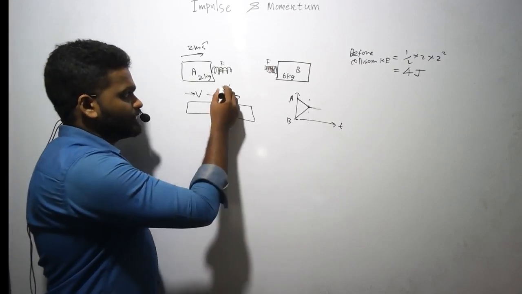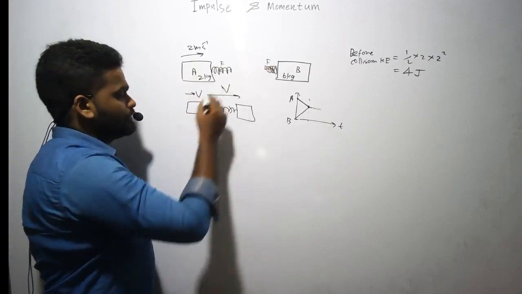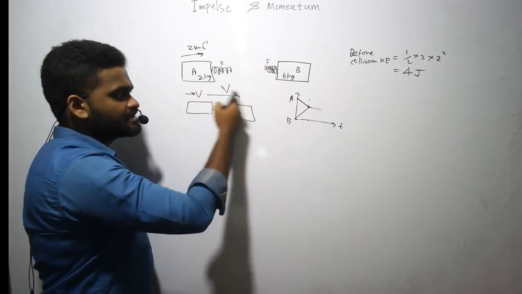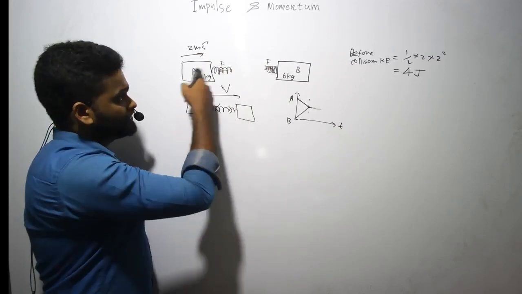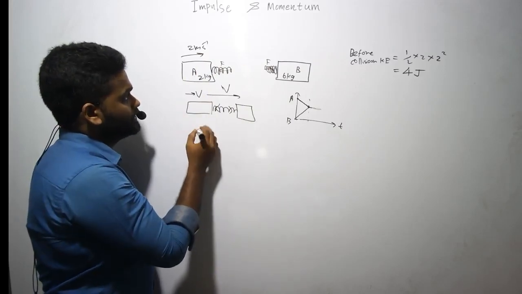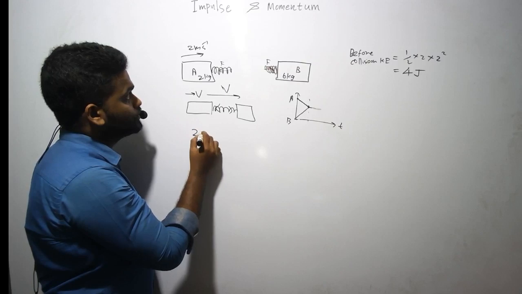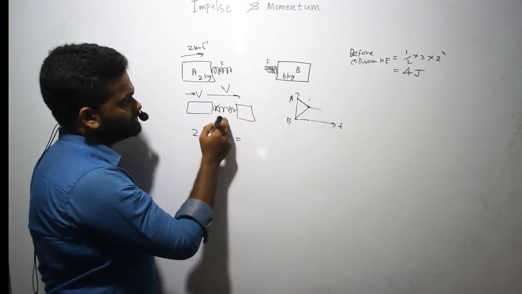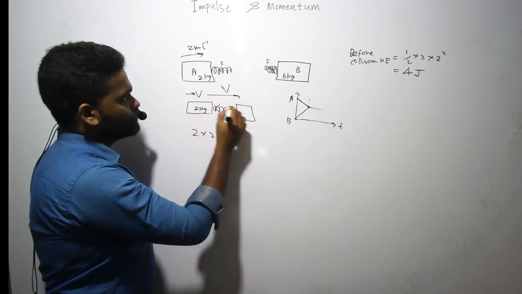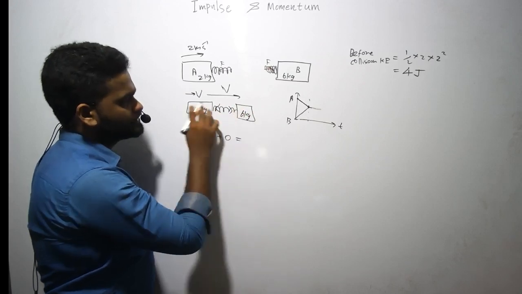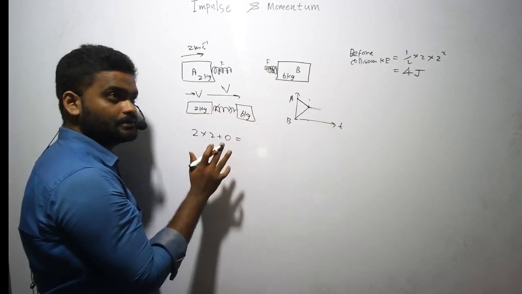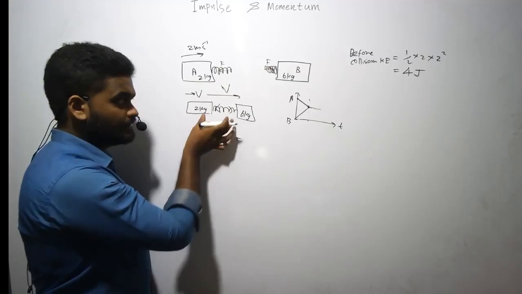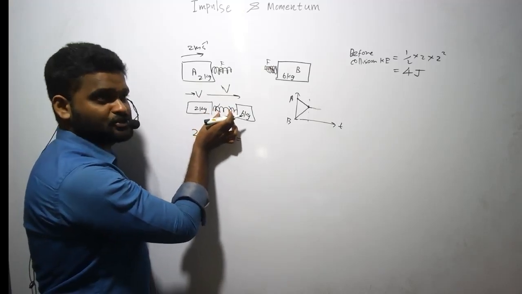So first, let's find this one. I'll apply momentum conservation for this case and for this case. So for this case, momentum before collision is 2 times 2. This is at rest. Here, at this moment, they are both moving in the same direction at the same velocity, when it has a maximum compression.